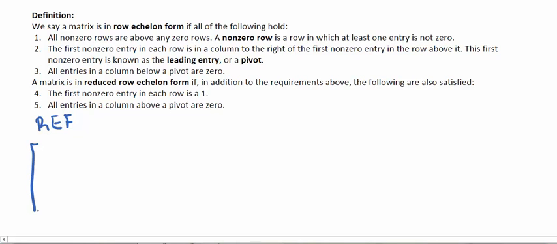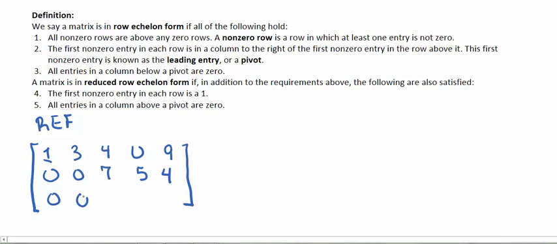So 1, I could do 1, 3, 4, 0, 9, 0, 0, 7, 5, 4, and 0, 0, 0, 2, 0. So the first thing to note here is that we don't have a row of zeros. Therefore, the first property is automatically satisfied.